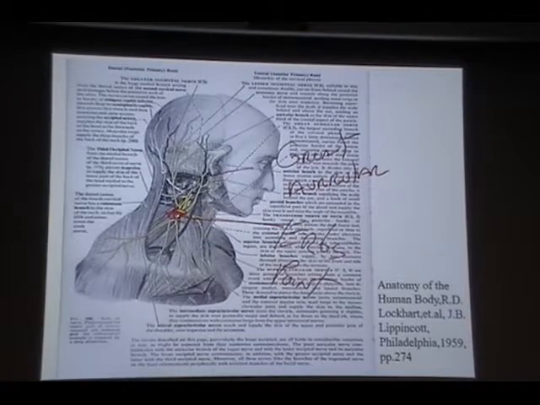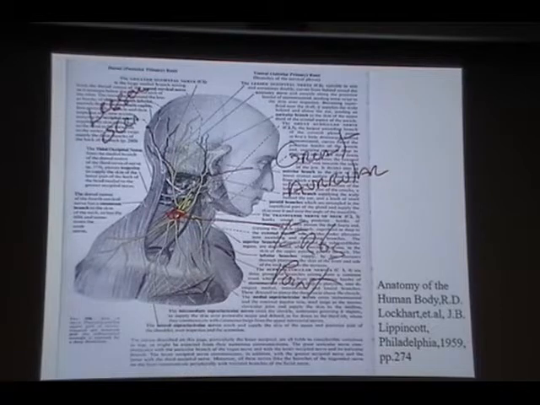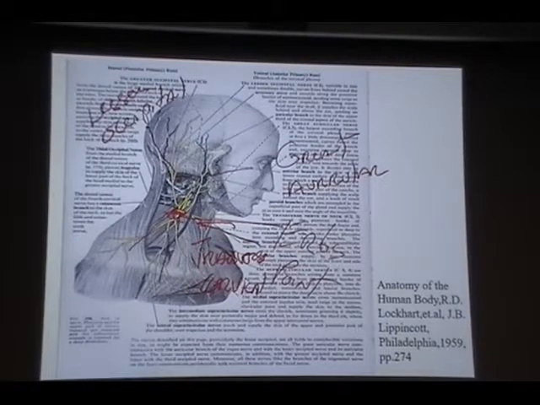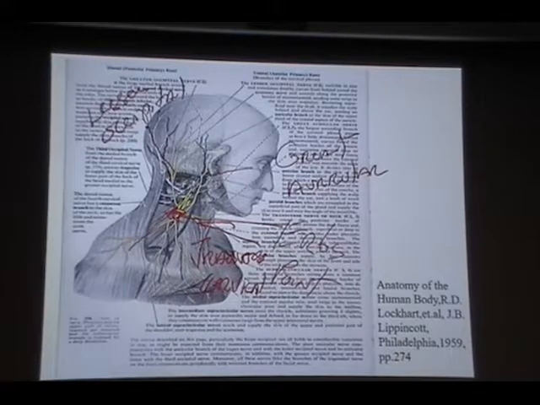All right, so we've got that, and then coming back here, we've got the lesser occipital nerve, and then coming down across in this area here, we've got the transverse cervical nerve, and then these bundles of fibers coming down here over the top of your shoulder, the top of your arm.